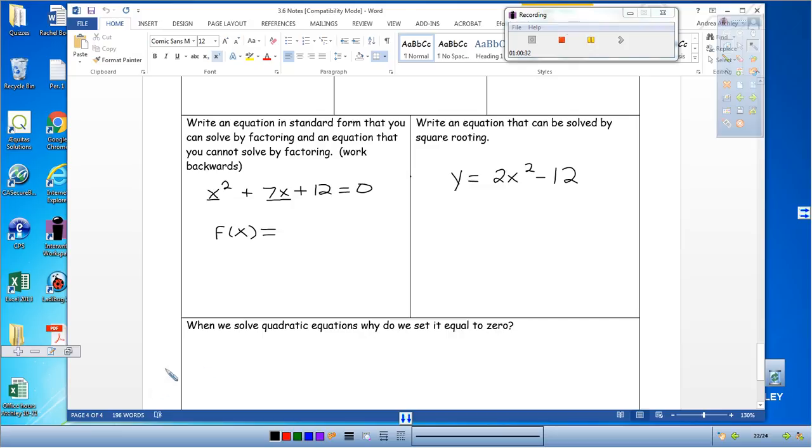It's on the x-axis. Okay, that's the key. You're setting it equal to 0 because you're finding the x-intercepts. And on the x-axis, y is 0. Okay? So you need to have something about you're finding the x-intercepts.